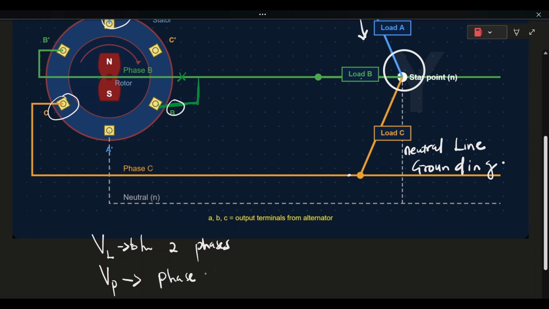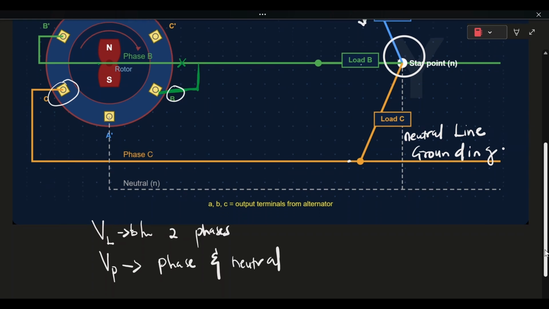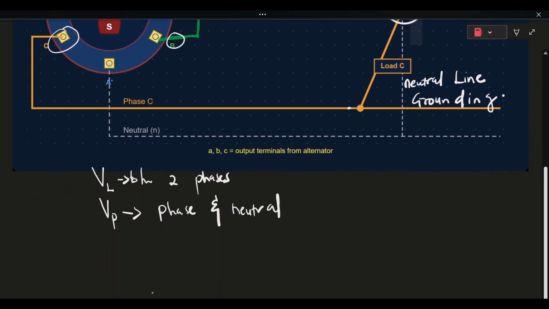So now in the Y configuration, our line voltage VL is equal to root of 3 times the phase voltage VP. So this root of 3 comes from the 120 degrees separation of the coils.